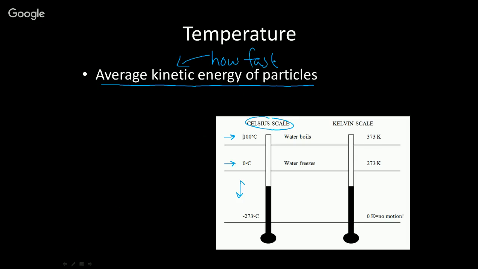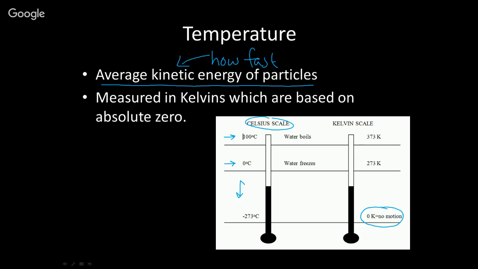So the Kelvin scale solves this problem for us, because at 0 Kelvin, this is where all motion stops. We call this absolute 0. So all motion stops, nothing goes on there. And that's equivalent to negative 273 degrees Celsius.